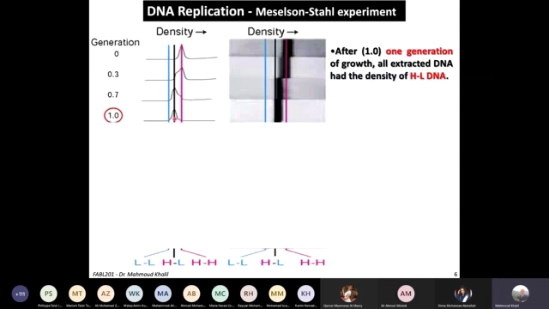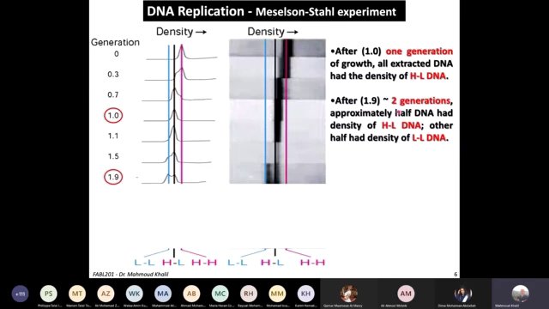That means it is the beginning of the appearance of the hybrid double-stranded DNA composed of light nitrogen and heavy nitrogen. It is confirmed by the gel, because the band which initially migrated at the region of the heavy now migrates at the region of the heavy-light. And that's after the first duplication.